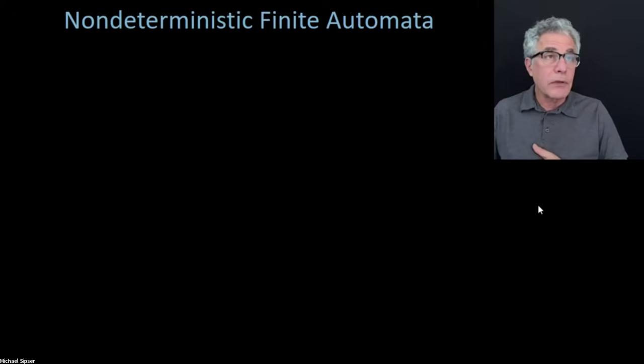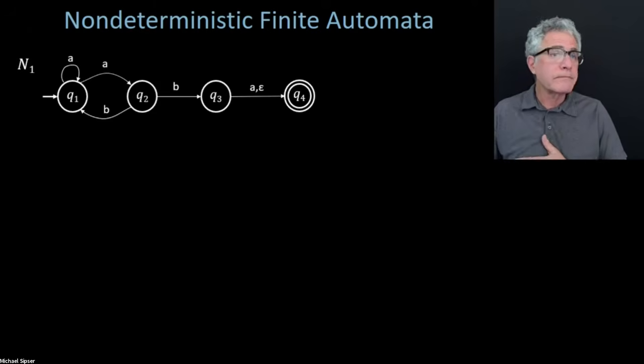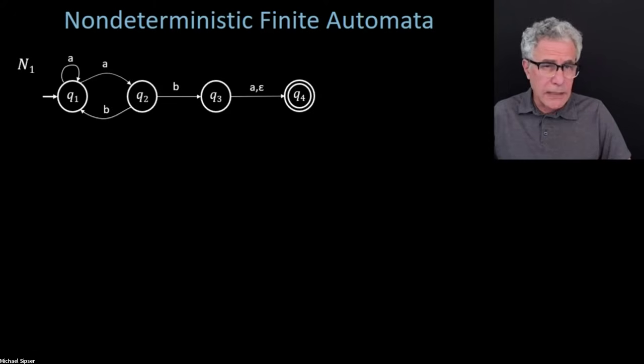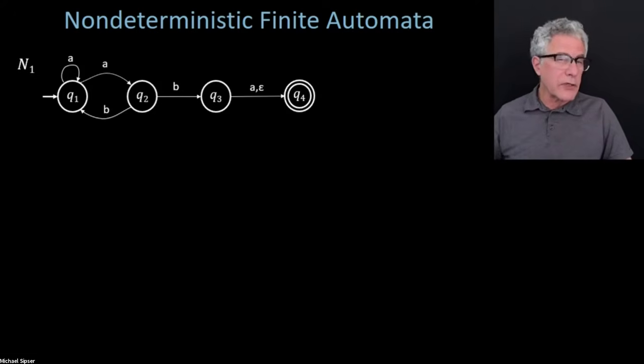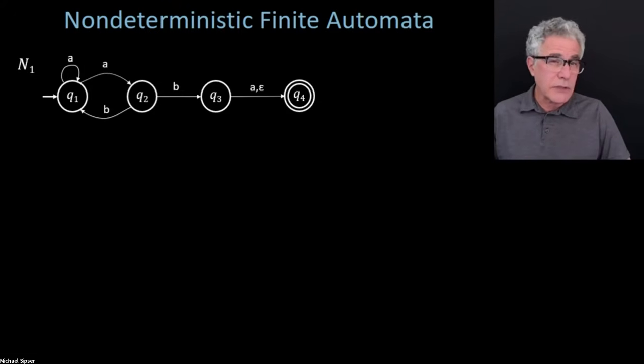So here's an example. Always good to start off with an example. Here is a picture of a nondeterministic finite automaton. It looks very similar at first glance to the former kind, the deterministic finite automaton. But if you look a little carefully, you see that there are some key differences.